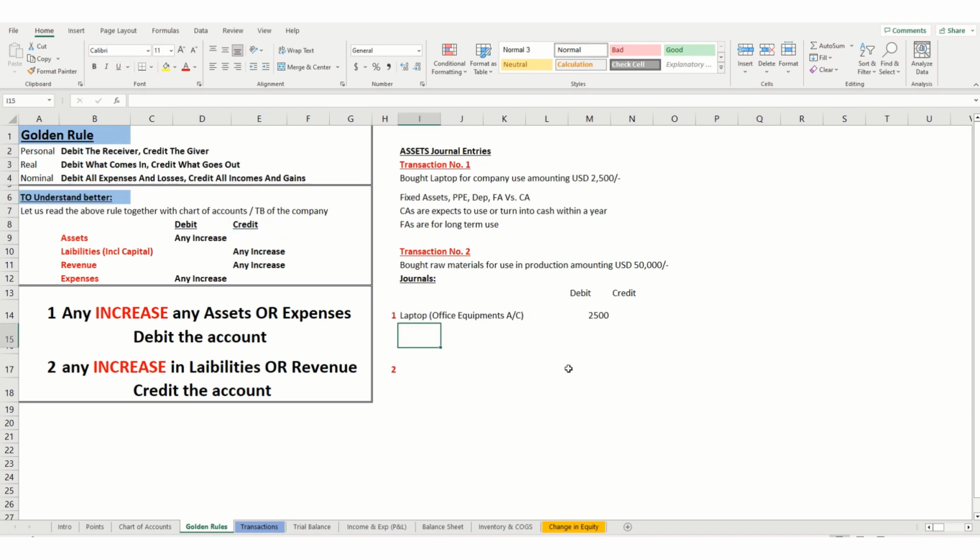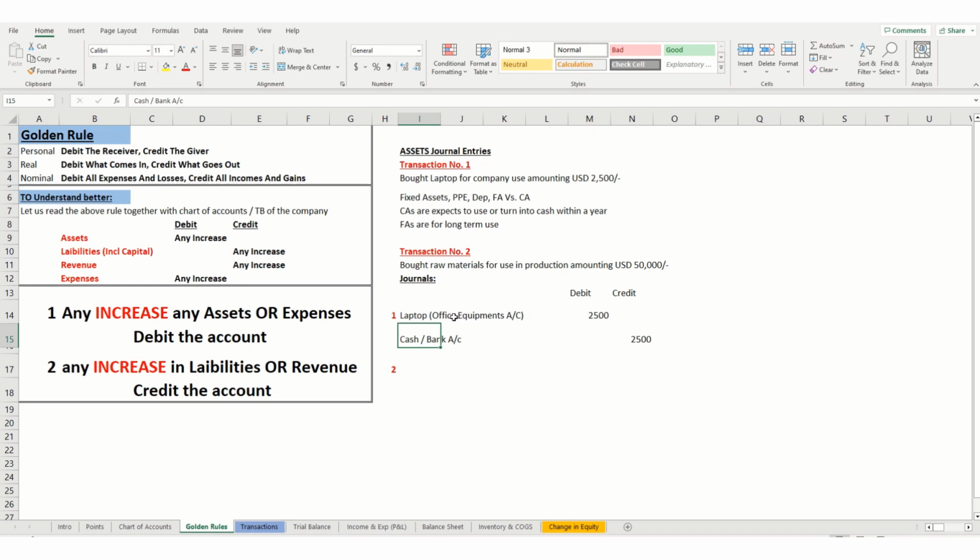So here we are going to credit cash, or if you pay by check or online transfer, it will be the bank account. So that will be 2500. This is the entry for transaction number one, and it includes only assets: laptop or office equipment account and cash or bank account. Clear?